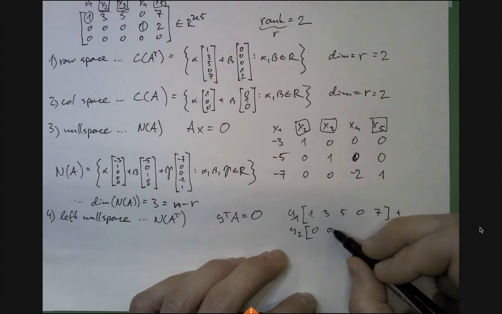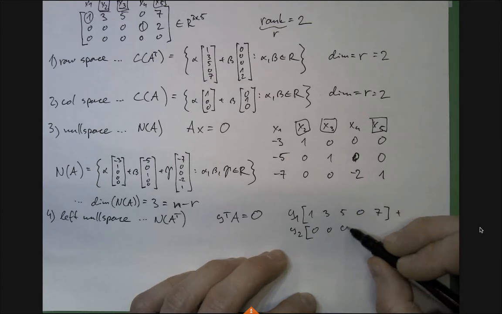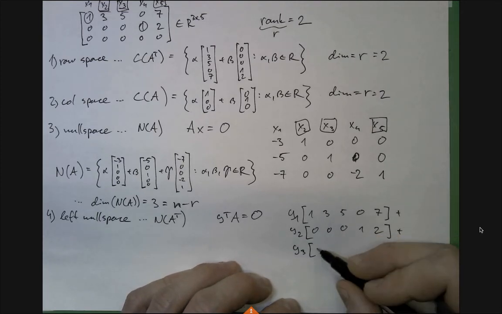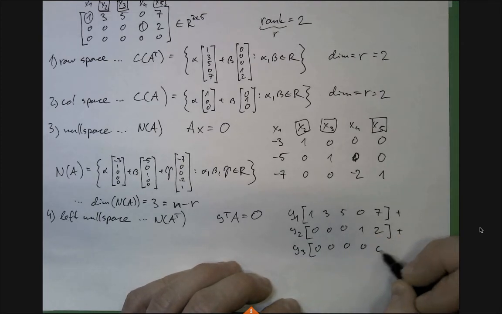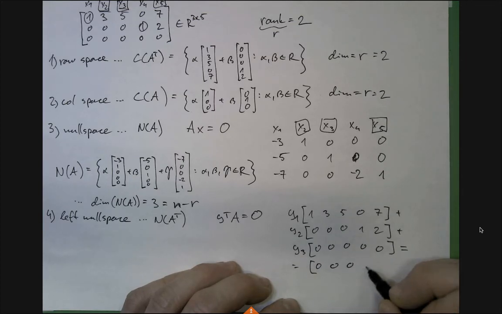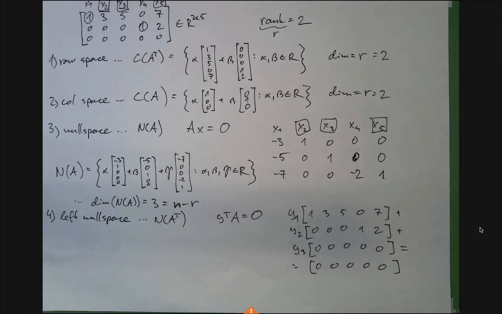I guess I'm just copying the matrix really, but whatever. 0, 0, 0, 0, 0, and that needs to give me all zeros. Right, so I just sort of rewrote this matrix equation per component. So what does this mean?